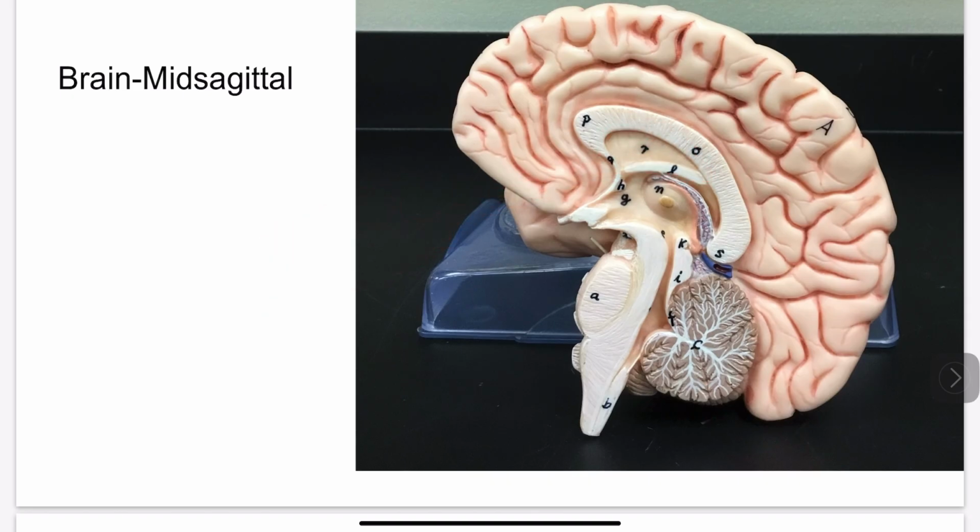And then we have the diencephalon. So the diencephalon is located underneath our septum pellucidum. It's going to be everything in this region here. So remember, for your diencephalon, you have this anterior structure, which is your hypothalamus.